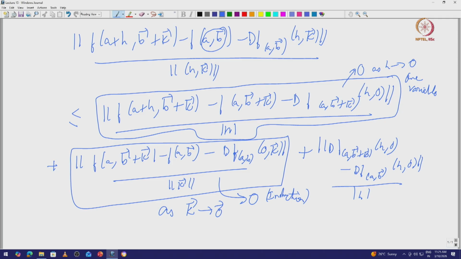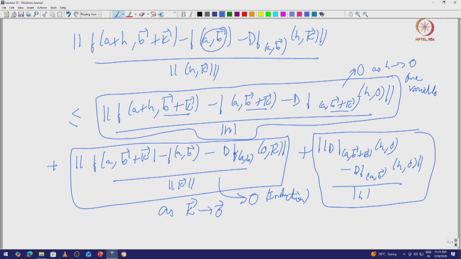We have assumed that not only do the partial derivatives exist on a neighborhood, but they're also continuous. So in particular, they do exist on the neighborhood. If they exist on the neighborhood, over here we are simply fixing this. So this is by one variable calculus, it goes to 0. The question is, what about this?